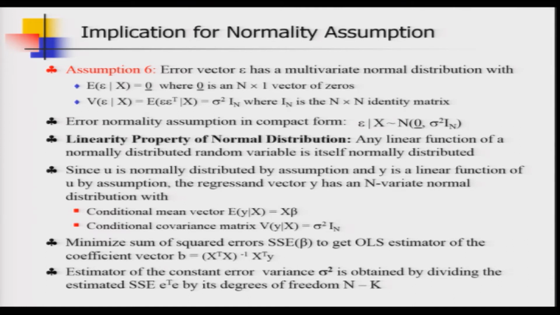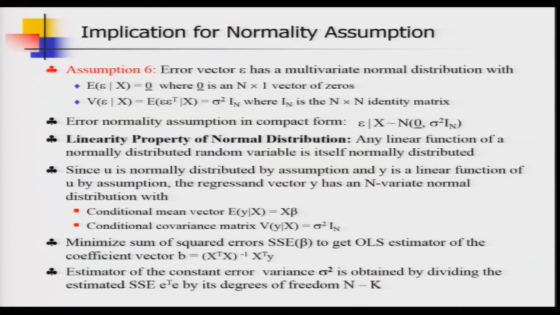So, if I take a simple variable x which follows a normal distribution, and if I now take a transformed variable y equal to alpha plus beta times x, where y is another continuous variable, then y will also follow the normal distribution. That is what the linearity property of the normal distribution says.